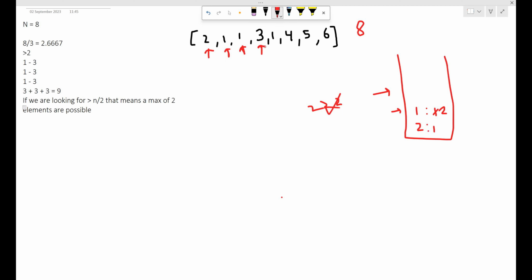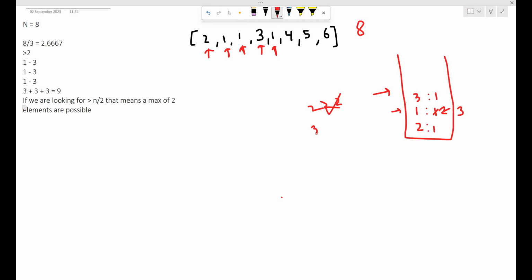Now the next element is 3. Let's see if 3 exists in our hash table. Nope, it doesn't. Let me make an entry of 3 and make it 1. Now again I have a 1. Let's see if 1 exists. Yes, it does. I will increase the count of 1 by 1 and make it 3.